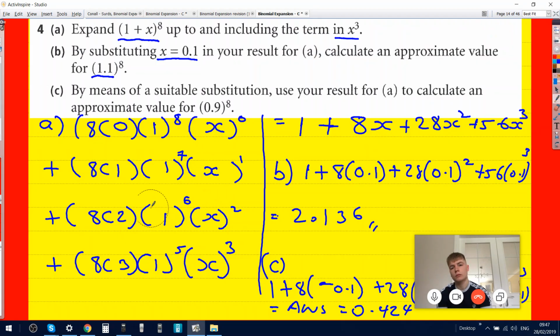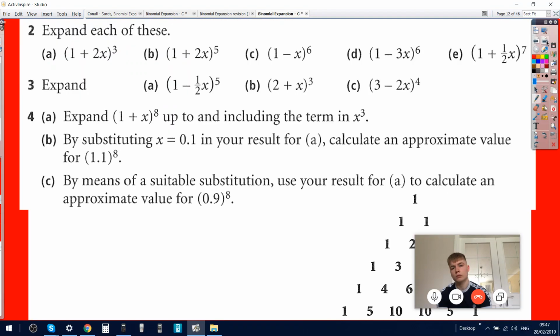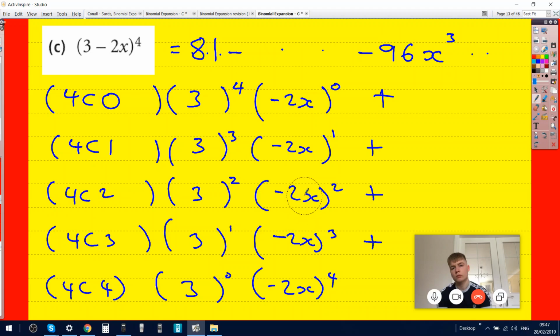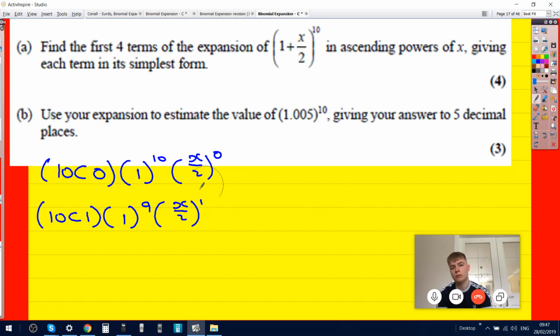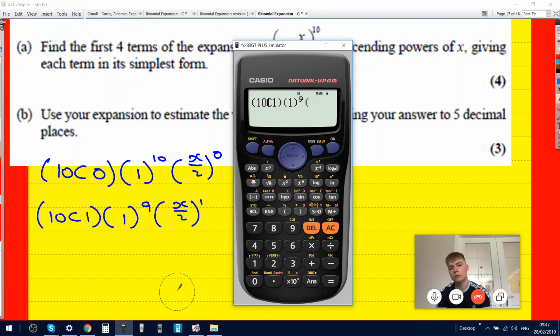So the way we dealt with these here was we just put in minus 2 without the x. And then we just kind of figured it out. So what would I put in here? I'm not sure, because if you take the x away, isn't it just the denominator? Yes.